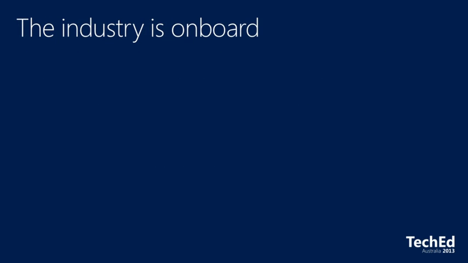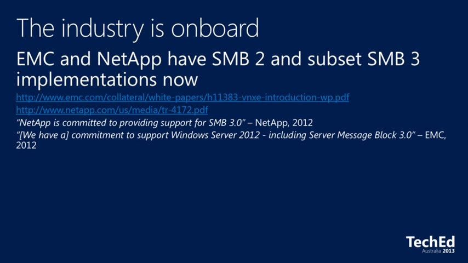So, have we convinced anybody else besides ourselves? Well, EMC and NetApp now have SMB2 and almost all of SMB3 implemented, either in VNX or ONTAP 8.2. There's SMB3 all over the place now. And they have their commitment to finish adding all the features they think they need.